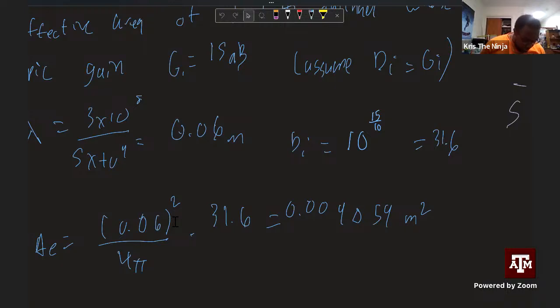And that gives us 9.059 millimeters squared.